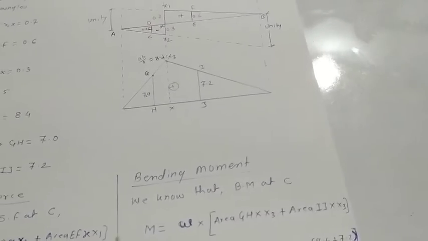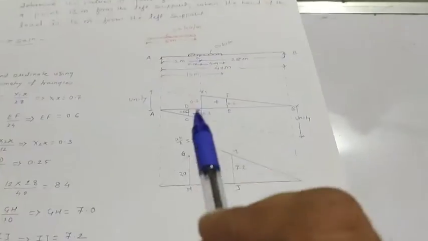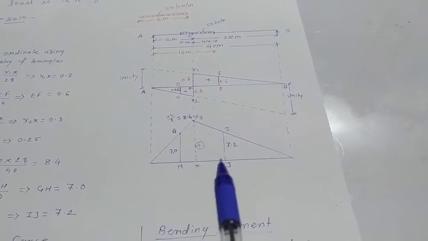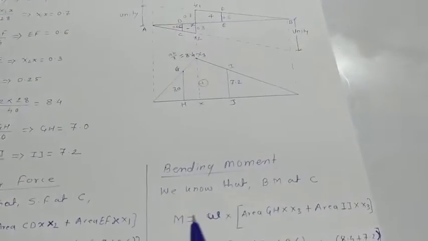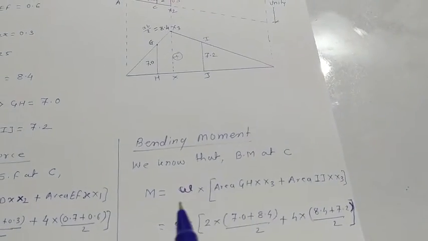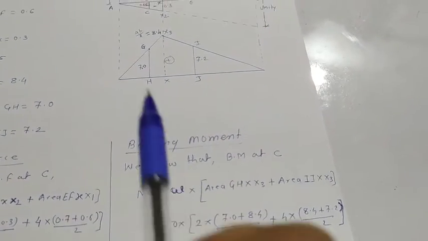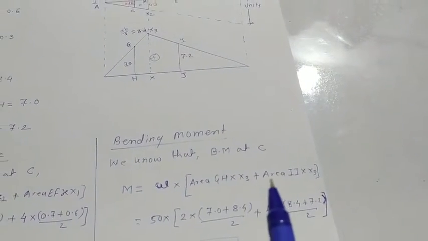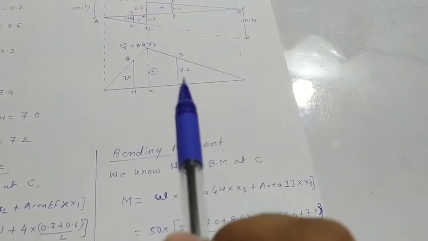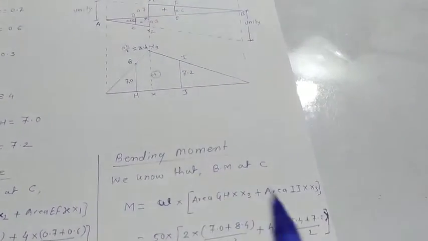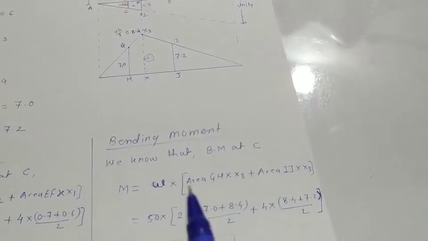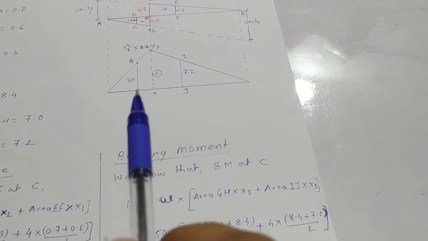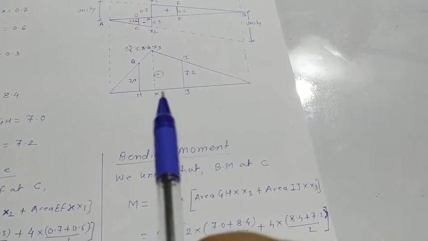Similarly, bending moment: calculate on this area. We know that bending moment at C is W into area of GH times x3 plus area of IJ times x3. The base of this portion is 2 and the base of this portion is 4.